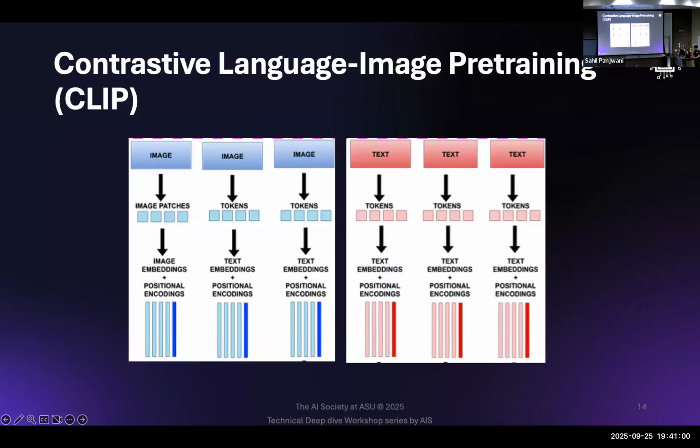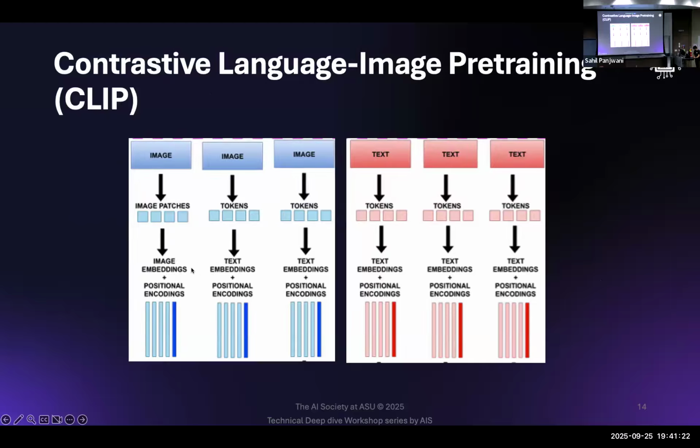So first, let's start with the pre-processing. We have our images and text, and they're not in the same space, so we first need to pre-process. If you look at the left side, which is the image side, all of these should be image embeddings.